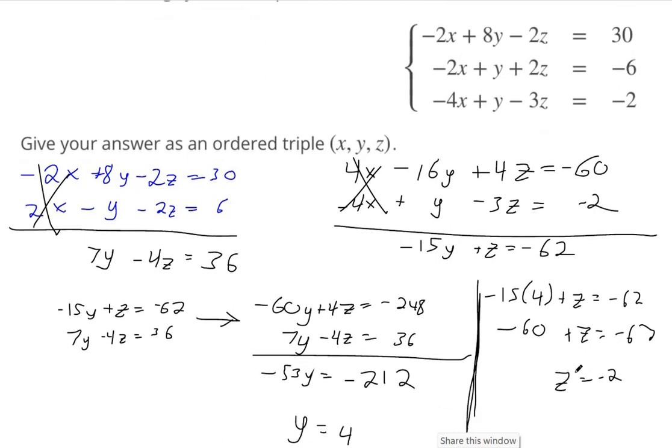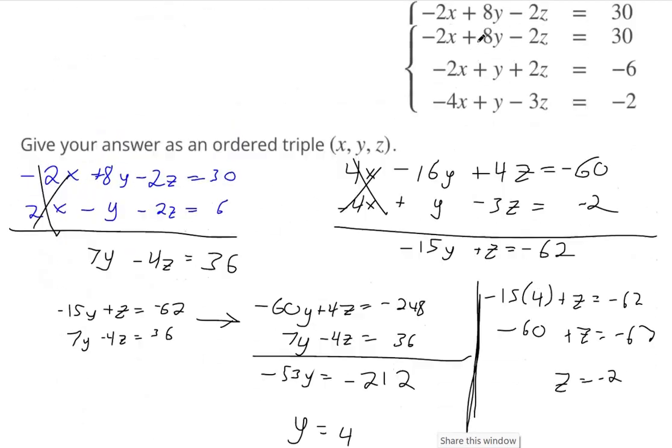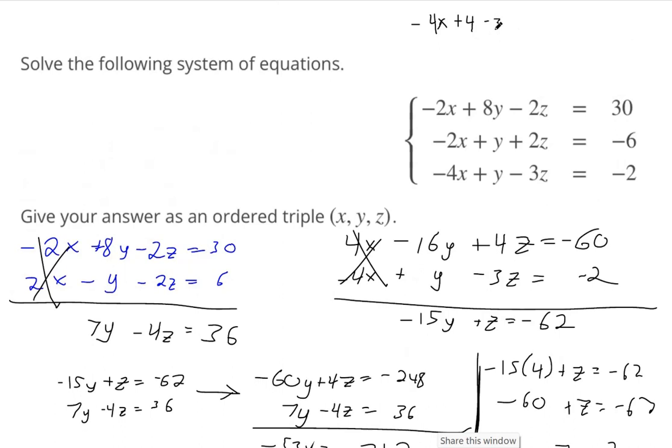And then plug both those answers into either of the equations you have up here. So I'll plug it in up here and into the bottom equation. I don't know what x is. I know y is 4, so +4. And then -2 goes in for z, so this is -3 times -2.